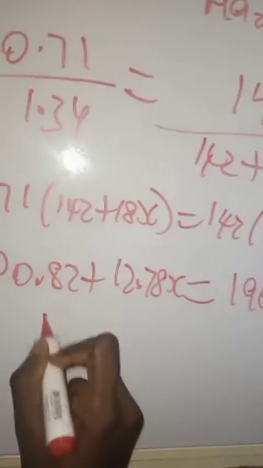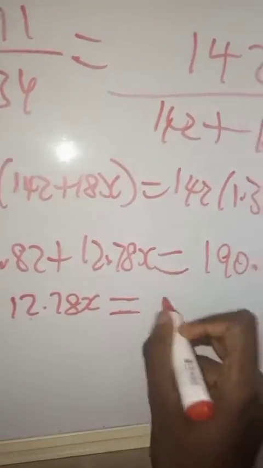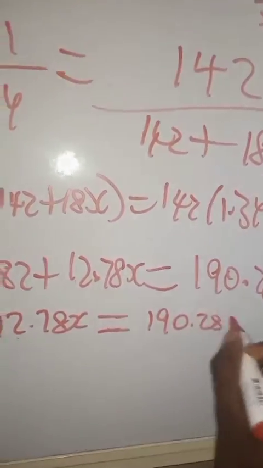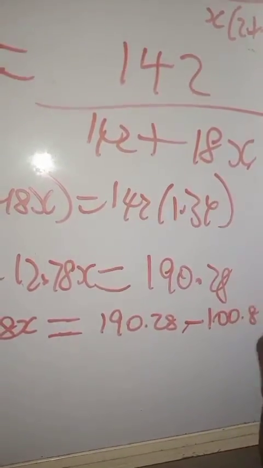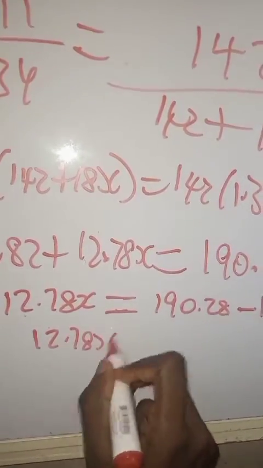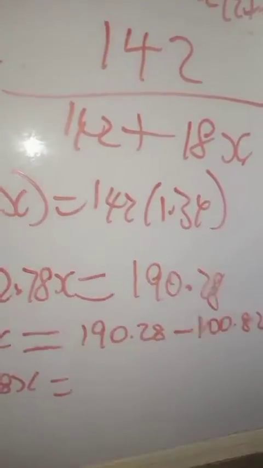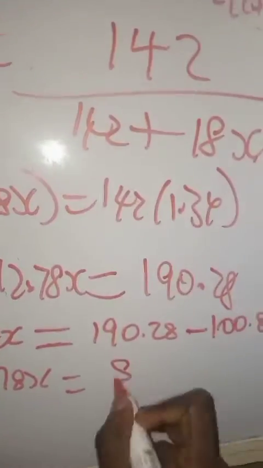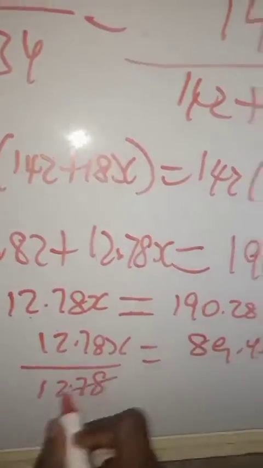So 12.78x is equals to 190.28, then this one will come here, minus 100.82. So here we have 89.46. So you just divide through.